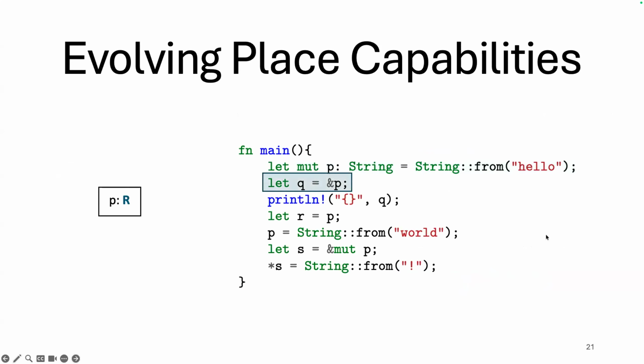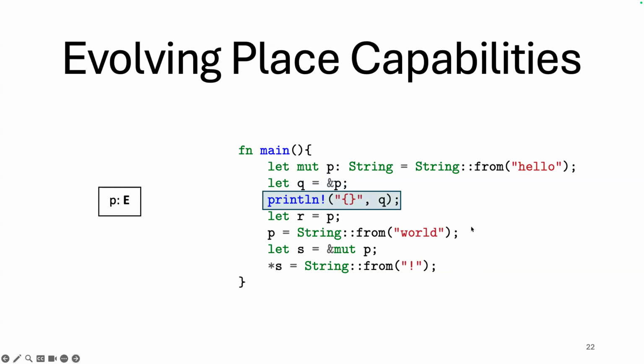But then when it is borrowed, P's capability gets downgraded from exclusive to read-only. For as long as this borrow is live, you're not allowed to mutate P, but you can still read from it, for example, to create other shared borrows. Then at the end of the next statement, the borrow expires, so P regains its exclusive capability.